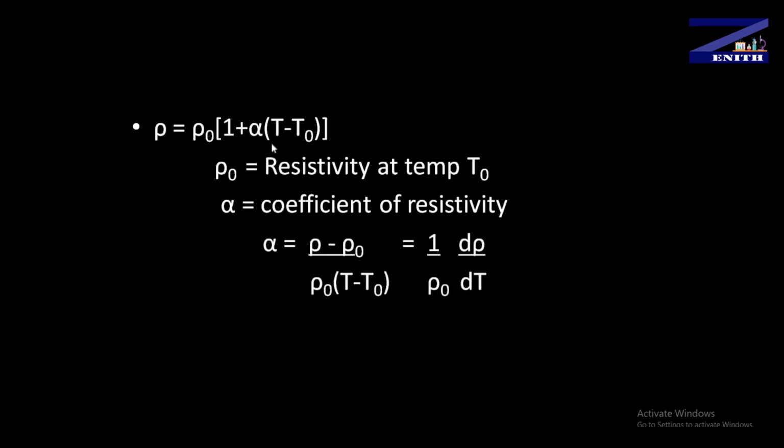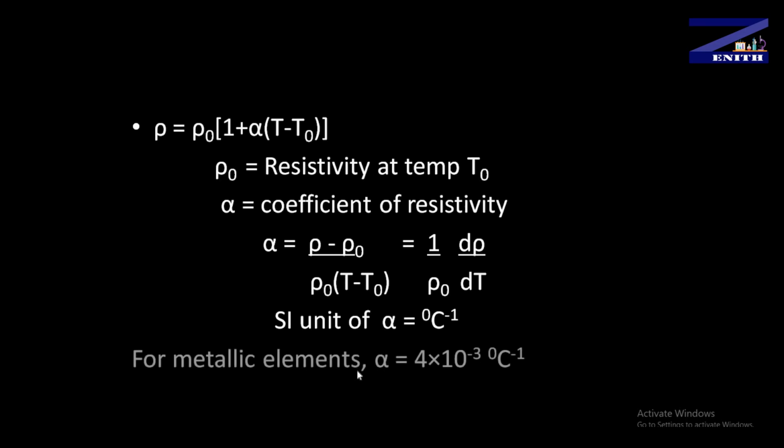And from this formula we can easily find the value of alpha, that is (rho minus rho naught) upon rho naught times (T minus T naught). And the SI unit of alpha is per degree Celsius. For metallic elements, alpha equals 4 into 10 to the power minus 3 per degree Celsius.